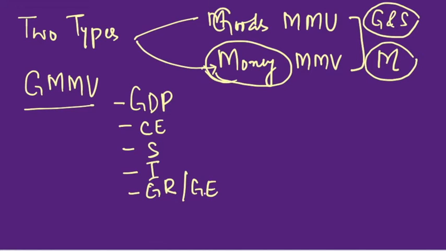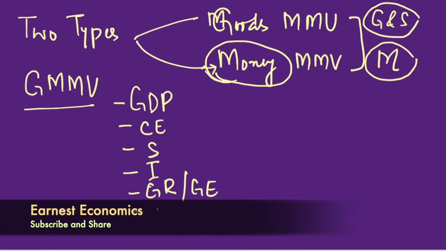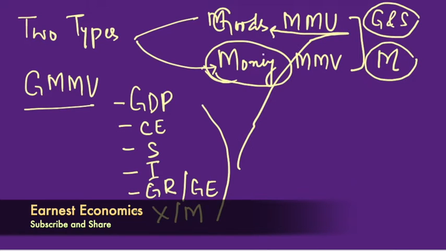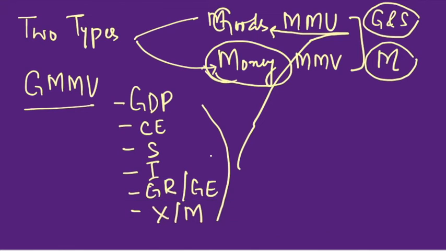These are goods market related. Then we have exports and imports for an economy. All these are goods market macro variables, and they emerge from the goods market itself.